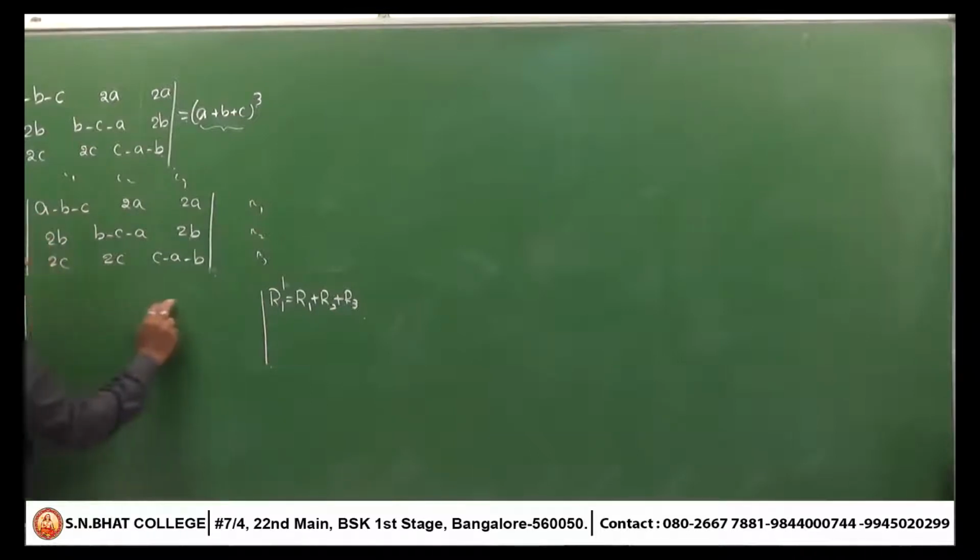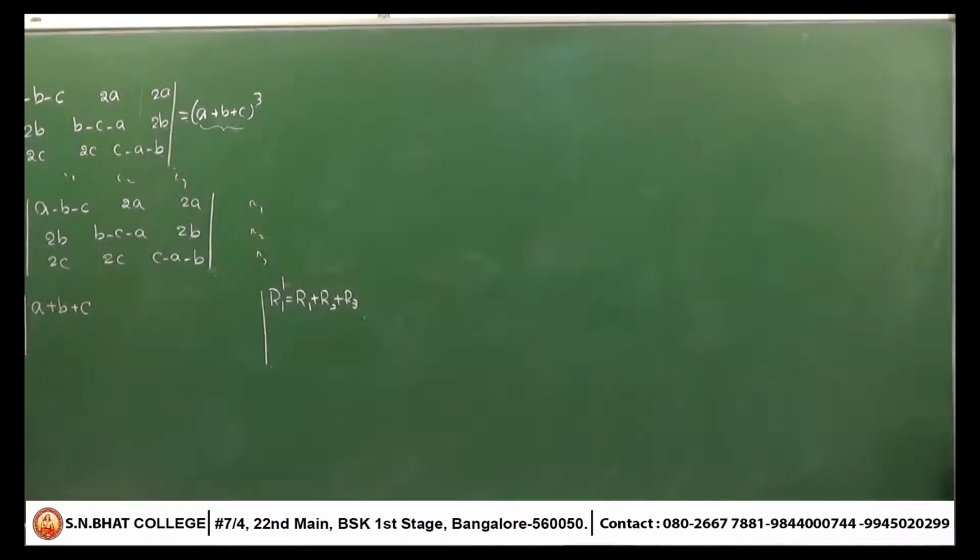We are adding like this and writing in R1. R1 plus R2 plus R3. Here you write as it is: 2b minus b is plus b, 2c minus c is plus c.